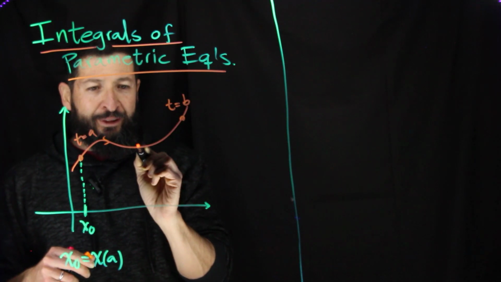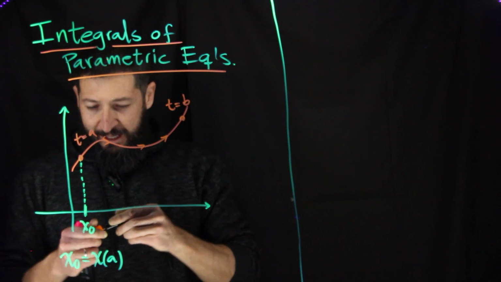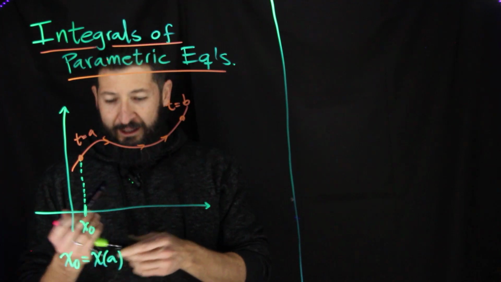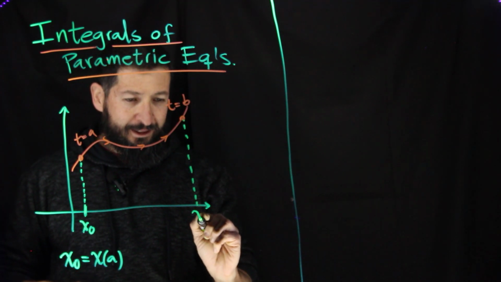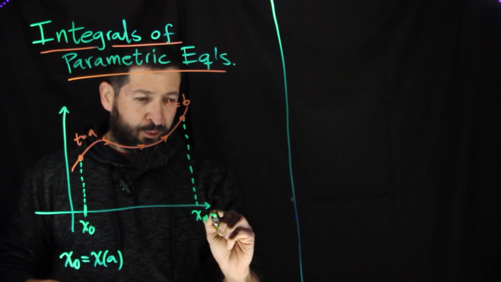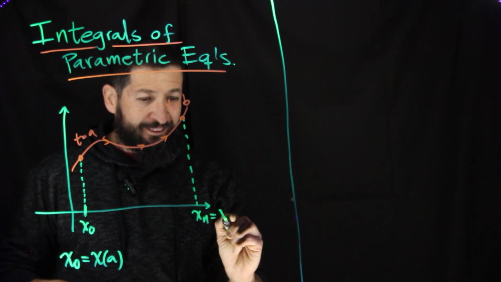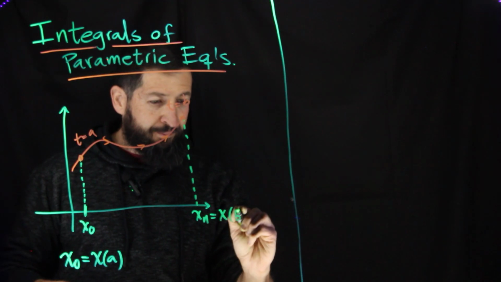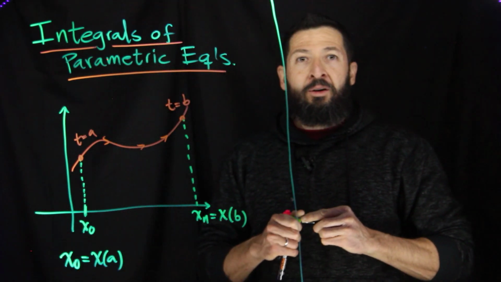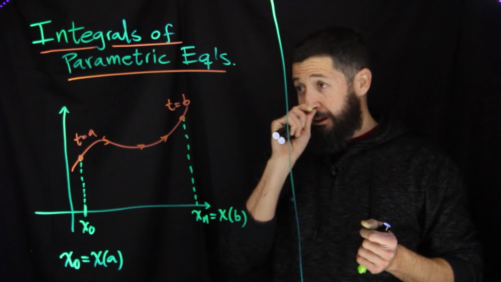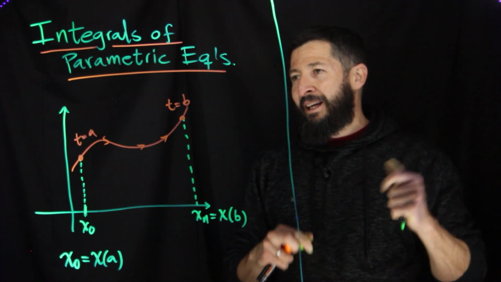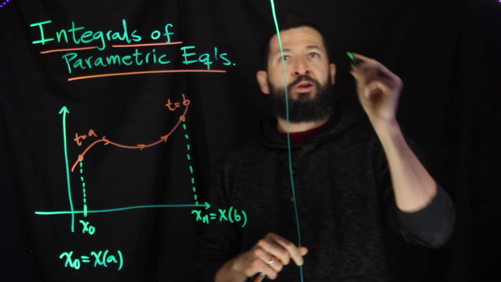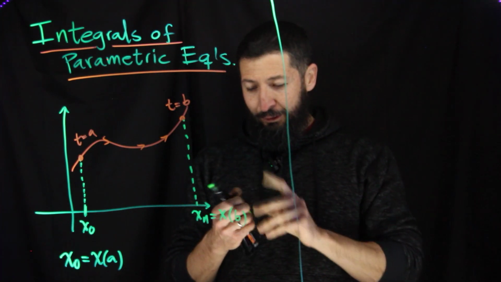My curve is oriented in this direction, and this will be my xn, which is going to be x at time equals b. So I am going to partition my time interval into uniform intervals.